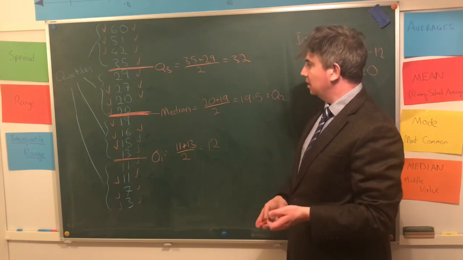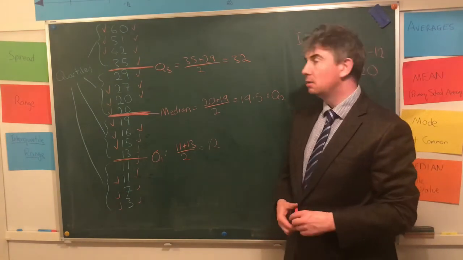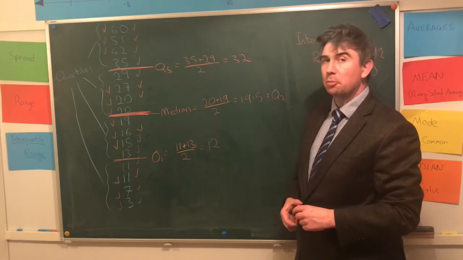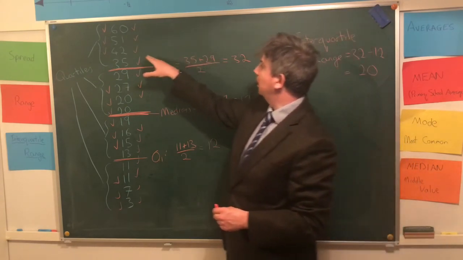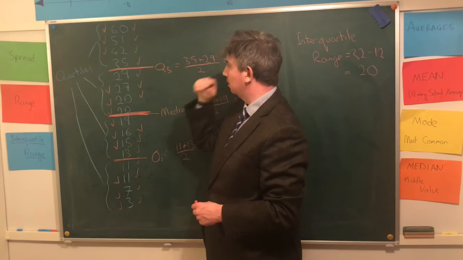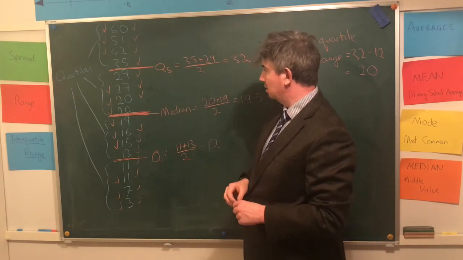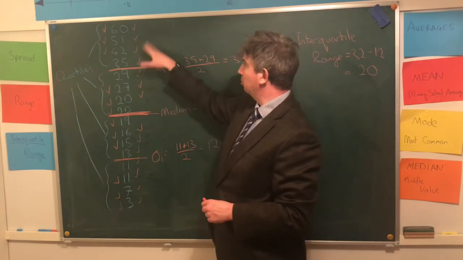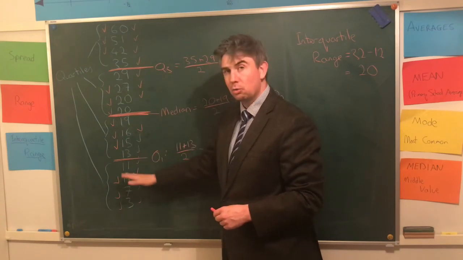And if I asked you which one is the upper quartile, well, the upper quartile is this guy up here. So we have the upper quartile, the middle half, and the lower quartile.